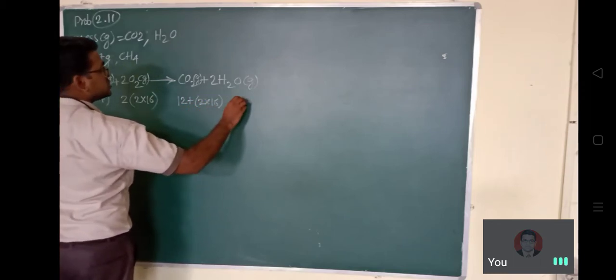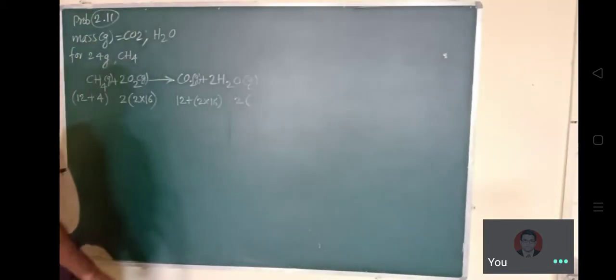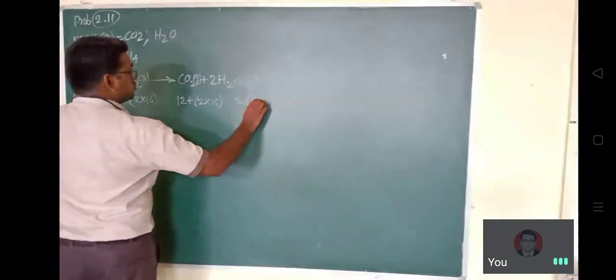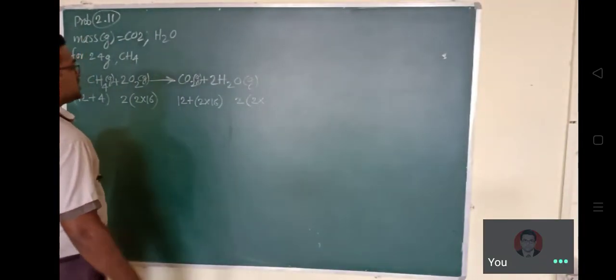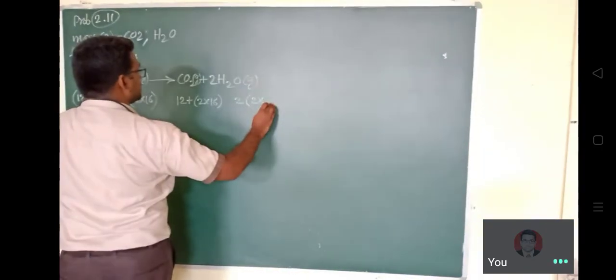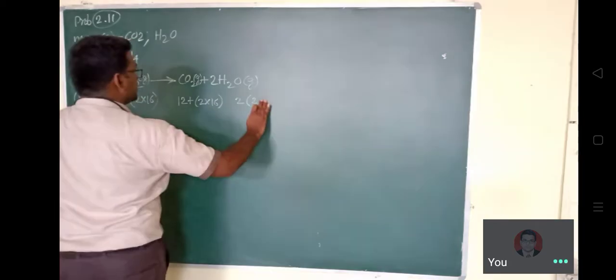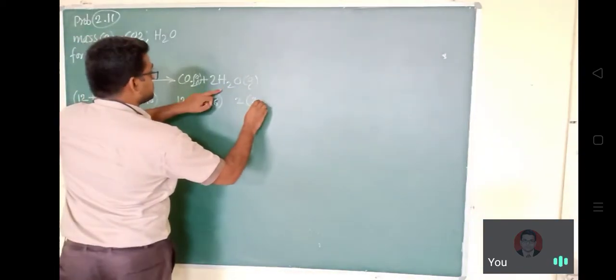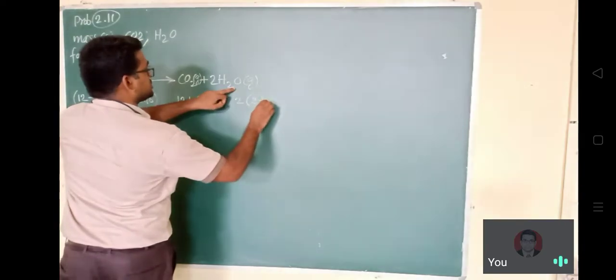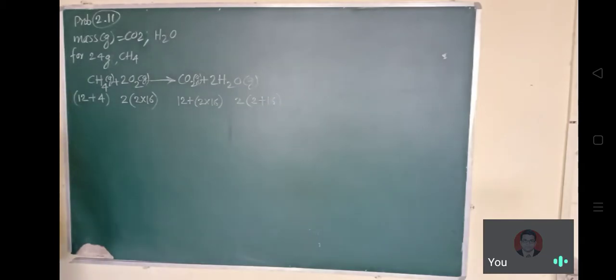Here it is twice H2O, so 2 multiplied by hydrogen 2 plus oxygen 16, that is 36. In this way we will add these quantities.